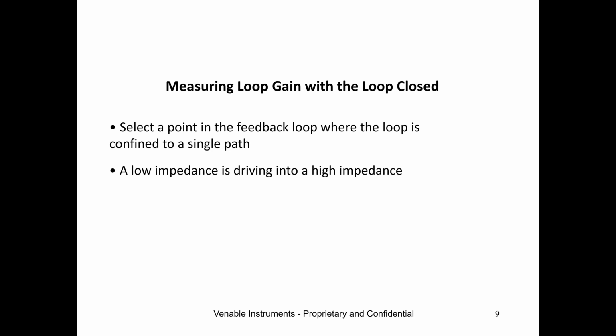And where we typically select the injection point on a power supply is perfect. One side of the injection resistor is seeing a very low impedance from the output of the power supply, and the other side is seeing a very high impedance feeding into the resistor divider going to the error amplifier.